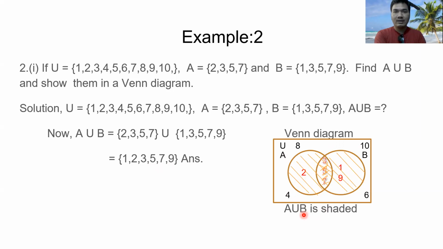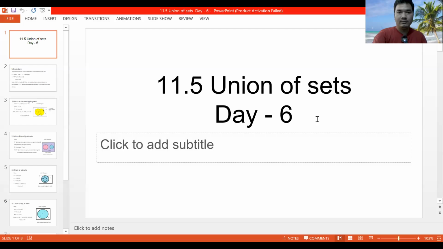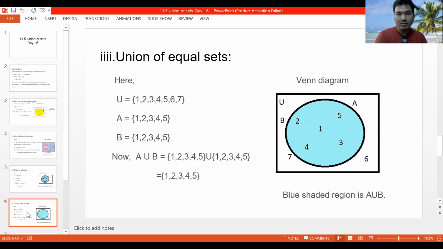Okay. This is the method to find A union B of the two sets. If A and B are given and the universal set is given, then we have to find A union B like this. And as I told you, here one of the elements was missed. We have to correct it.